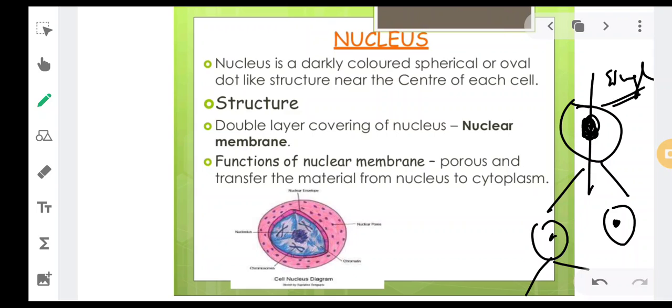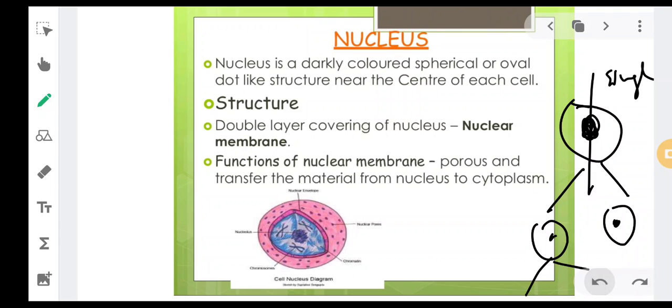Why? Because we have many, many cells, like some cells performing the function of respiration, excretion, and some cells performing the function of sensation, like nerve cells. These are various types of cells which perform various different functions. So from a unicellular organism we became a multicellular organism because of cell division. The nucleus does the job of cell division.